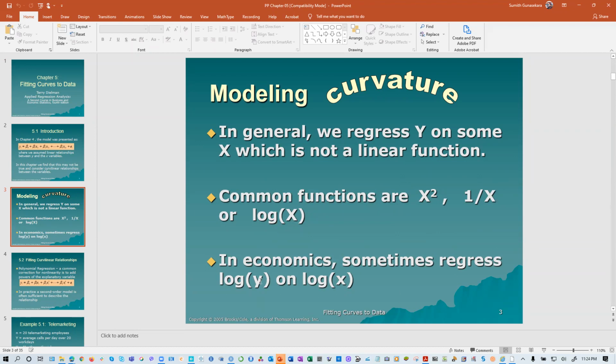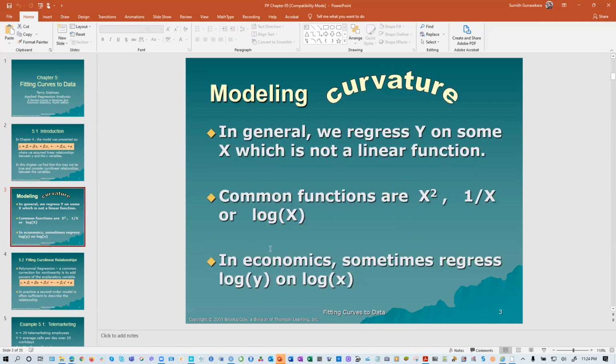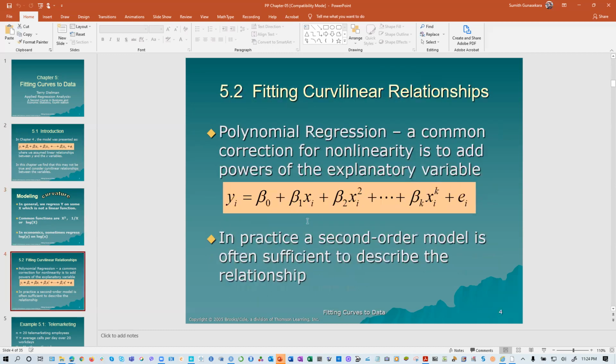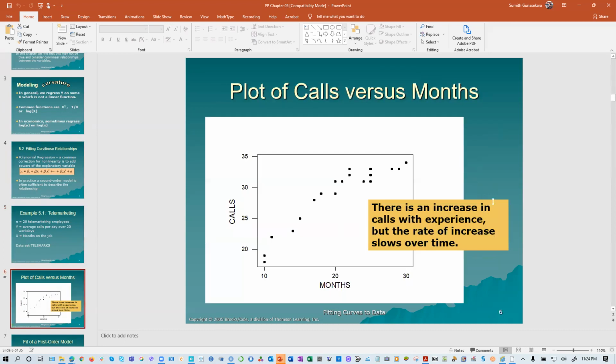Sometimes in economics, you take the log on both y and x as well. So far we regress like that. Instead of x, like that, this is a multiple regression. We take the same x and square it, all the way up to the kth power, but we don't go to the kth power in this particular example. Look at this one. I'm going to draw the scatter plot. It looks like it doesn't fit a straight line.